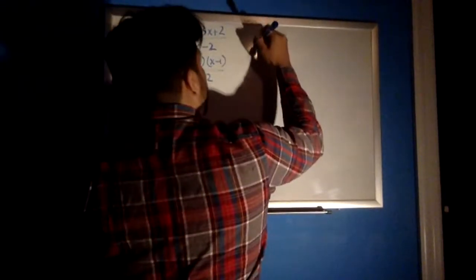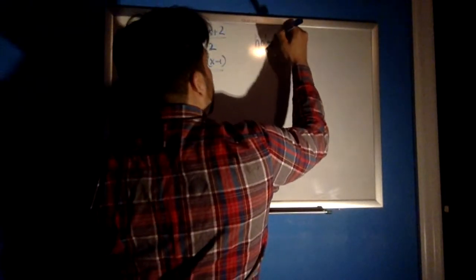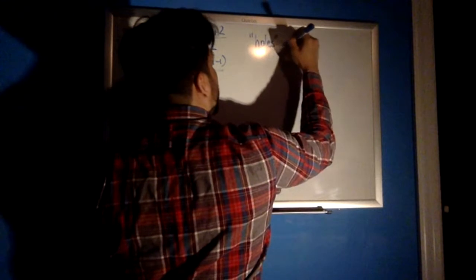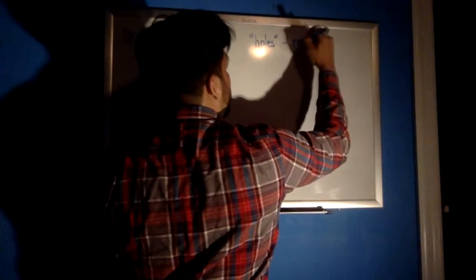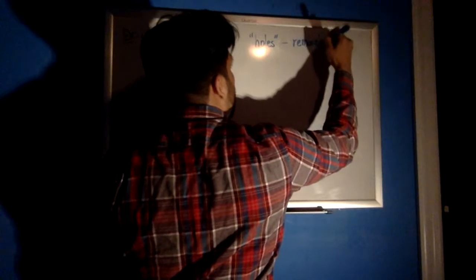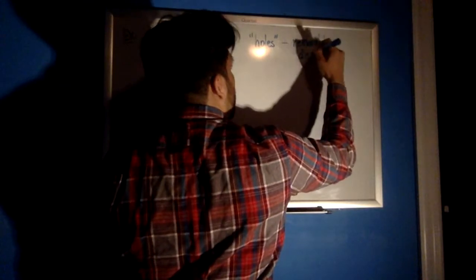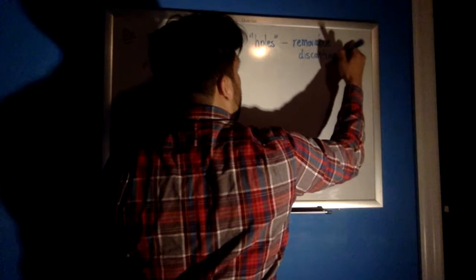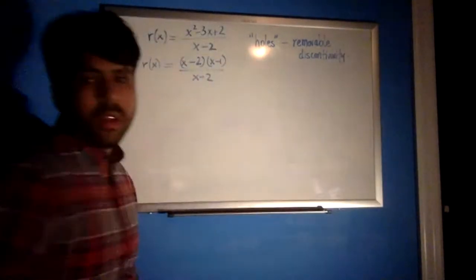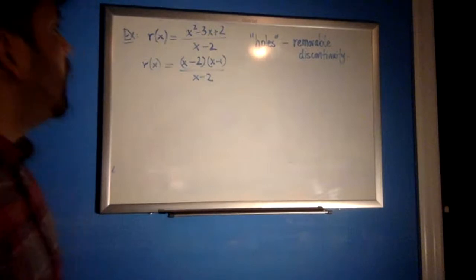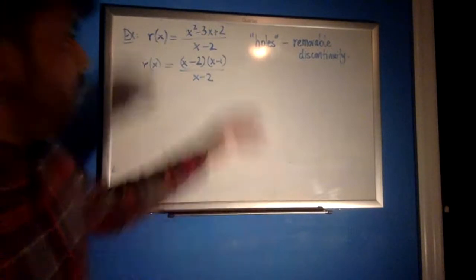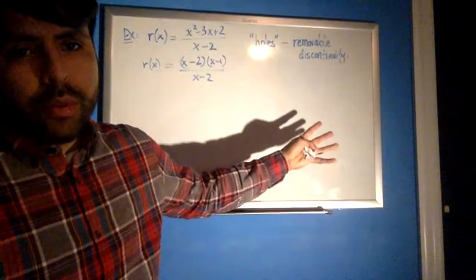So holes are really another word for removable discontinuity. Okay, so holes are removable discontinuities.